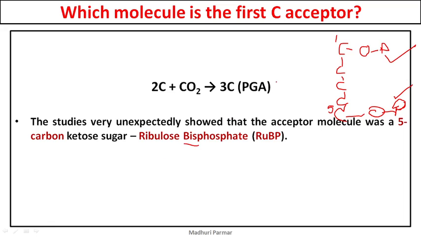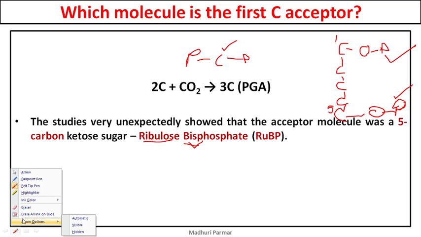If you have one carbon having phosphate on one side and another phosphate on the other side, when attached to the same carbon, you call it diphosphate. When attached to different carbons of the same molecule, you call them bisphosphate. Clear? So that is why the name is ribulose, a ketopentose sugar, bisphosphate, or ribulose 1,5-bisphosphate.